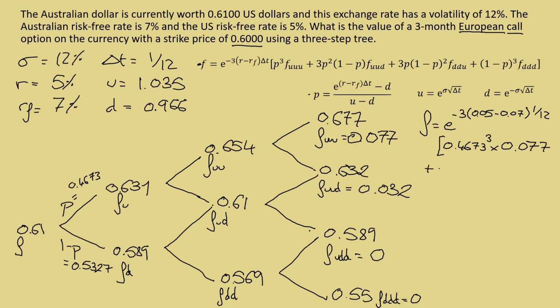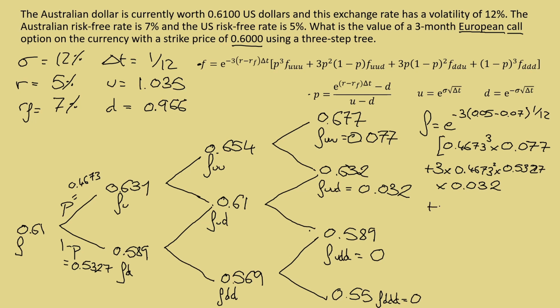Then we have plus 3 times P squared, so 0.4673 squared times 1 minus P, which is 0.5327, times FUUD, which is 0.032.